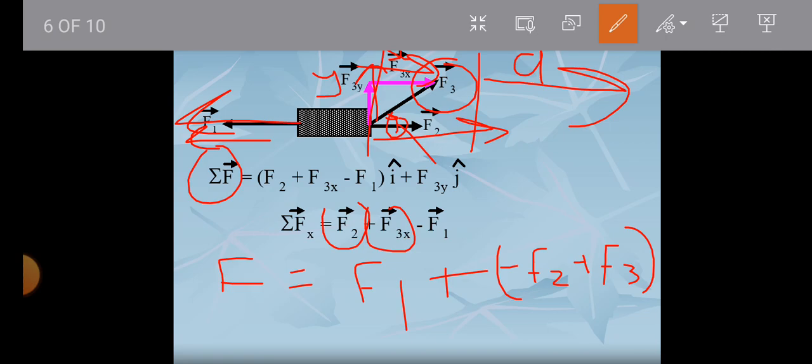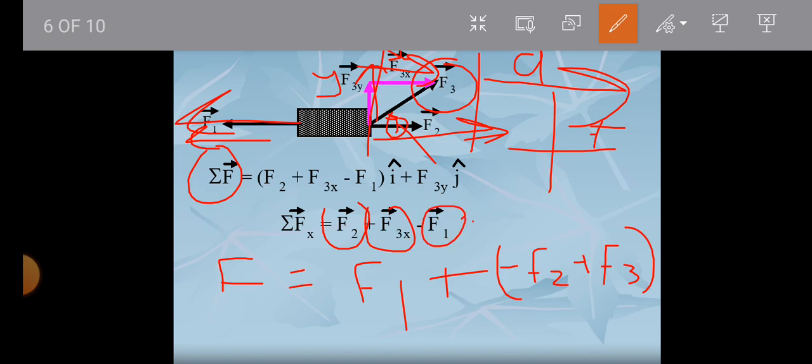The reason why I assume the object is going there is because in the Cartesian system, this one is positive and this one is negative. So we are going to add F2 and F3, and subtract F1.